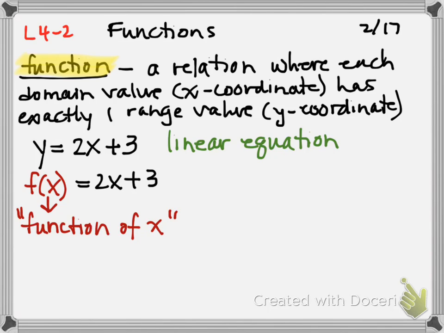Now, basically how a function works is you put something into this function, this machine, and out comes something. It's an input-output system. We called this f of x part that took the place of y the output.